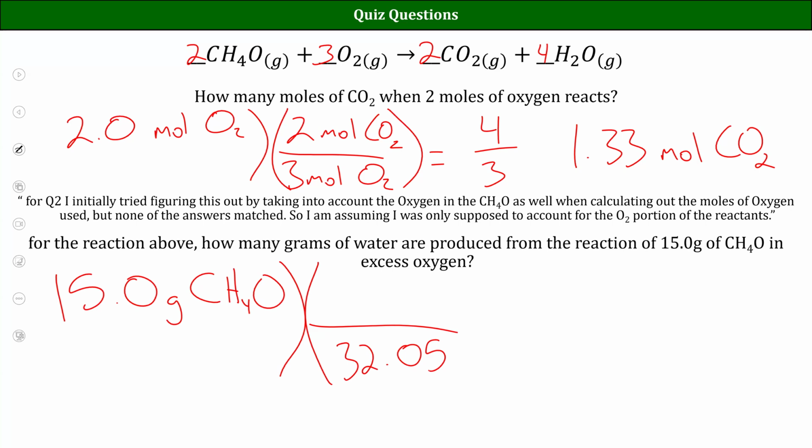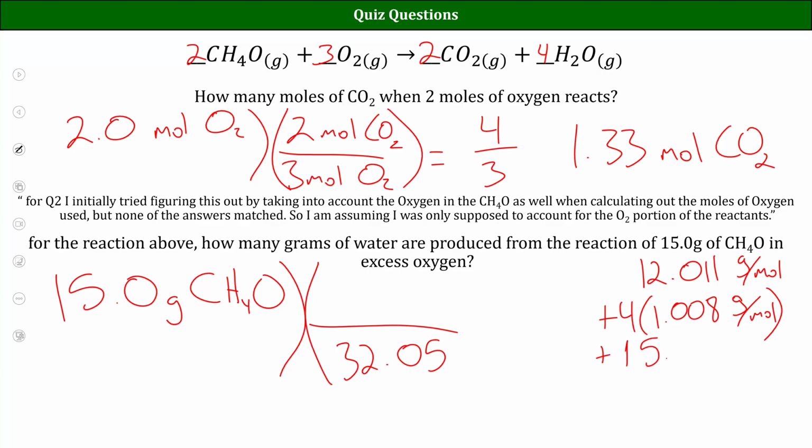Hopefully we're all feeling pretty good about doing molecular masses by now after last week's lab. But if we want to show our work, four times 1.008 grams per mole plus 1 oxygen, 15.999 grams per mole.